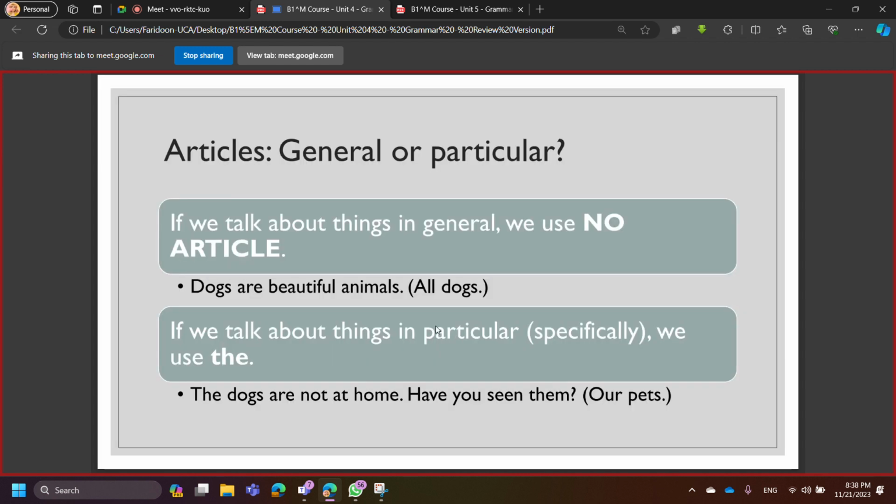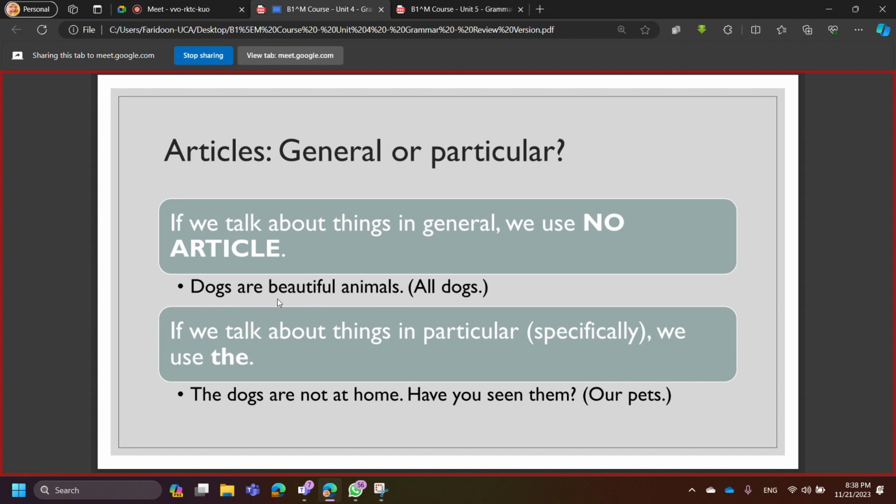Okay? Now, talking about the noun that you're talking about: are you talking about that noun generally, or are you talking about it in particular, meaning specifically? If we talk about things in general, we use no article with plural nouns. Okay, just be careful of that. For instance, dogs are beautiful animals.